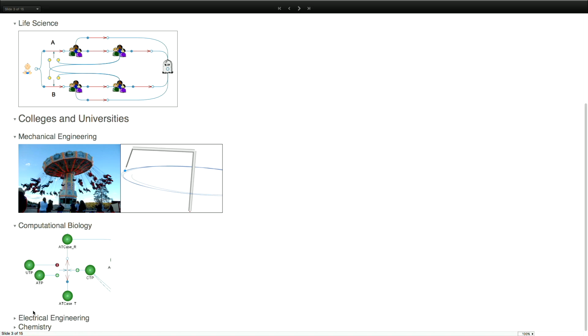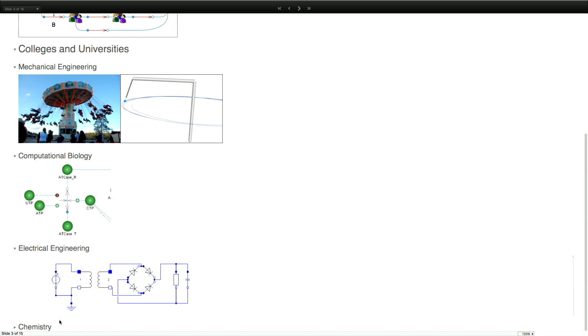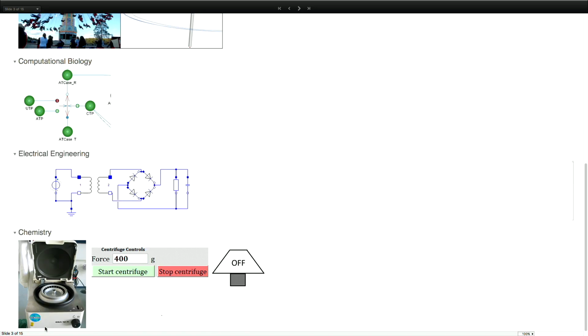I actually have no clue what this model is about, but it's one of the examples. Electrical engineering we presented last year, so it's not going to be presented this year. And finally, some on chemistry, and Patrik is going to present the chemistry part. As you can see, it's material from a wide range of applications that we have been working on together with our interns. And I will start with the physics.